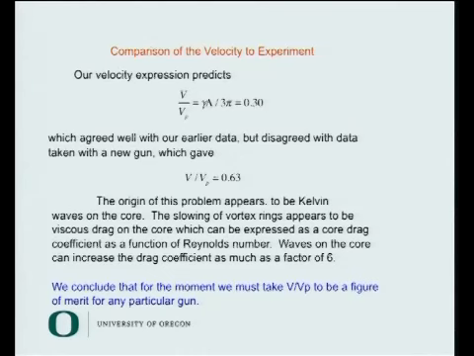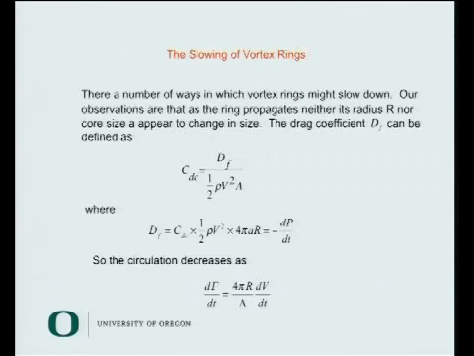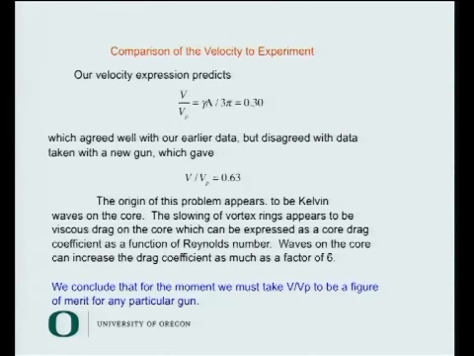I took hundreds of hours of data on this expression. According to this homemade formula, the ratio of the velocity of the ring to the piston should have been 0.3, and indeed I averaged several hundred measurements and I got 0.3.